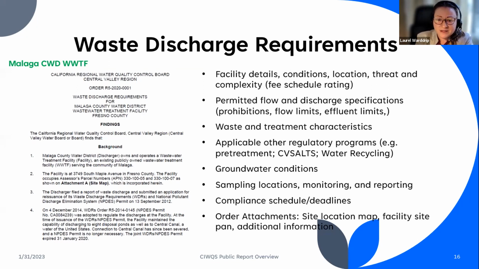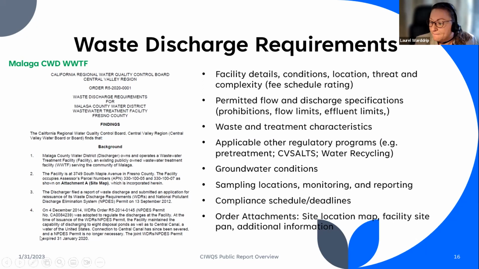There's also actual waste characteristics in these waste discharge requirements, and there's a lot of standard provisions as well. And last but not least, the sampling and monitoring requirements. So this is a really good place to stop and see what actually applies to the facility and what the facility conditions are.